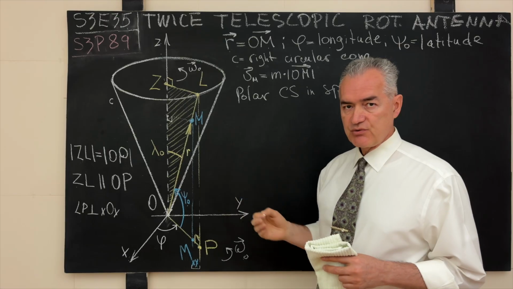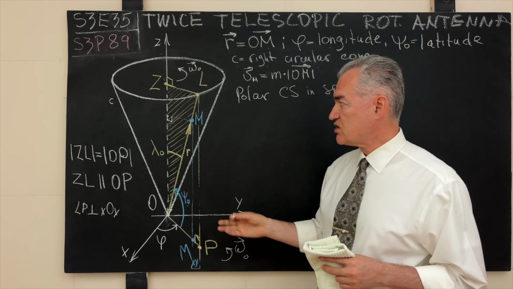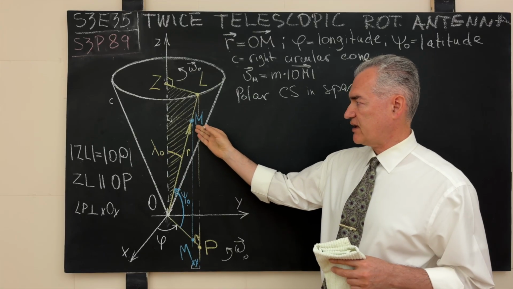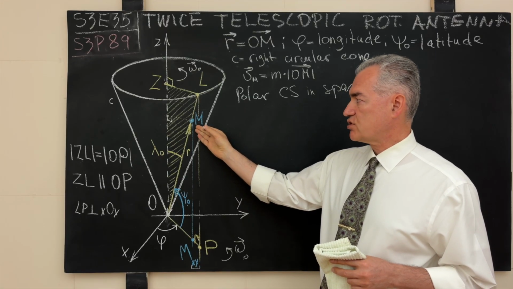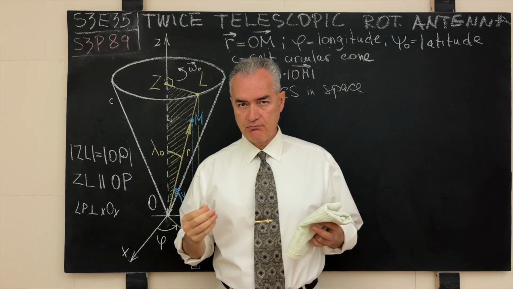And under these conditions, we want to capture the law of motion, a set of parametric equations that describes the time evolution of the point M as it executes its motion.